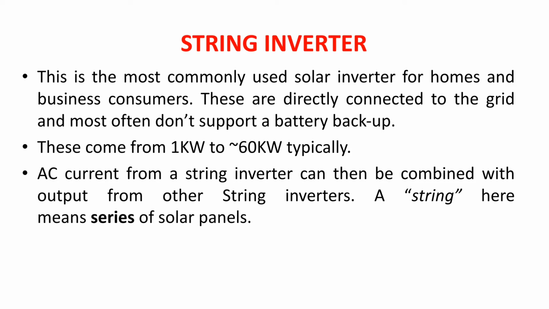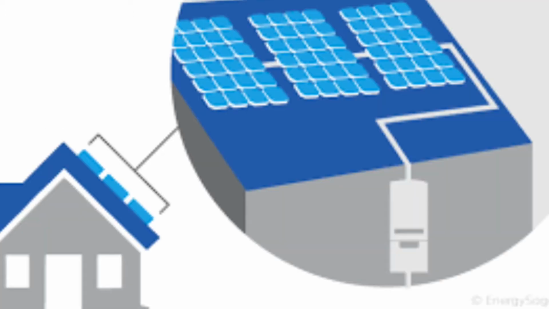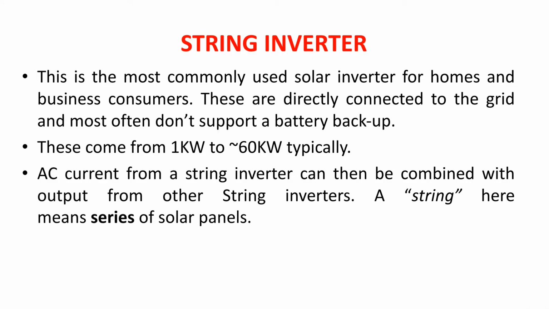Now friends, let's see string inverter. And friends, remember that these are grid inverters. Grid inverters means those inverters which are directly connected to the grid and which do not use any charge controller or don't have a battery system connected with them. So string inverters are the most commonly used inverters which we use for our residential purpose, for our business purpose, for industrial purpose, etc. These are medium-sized grid inverters which range from 1 kilowatt to 60 kilowatt typically.